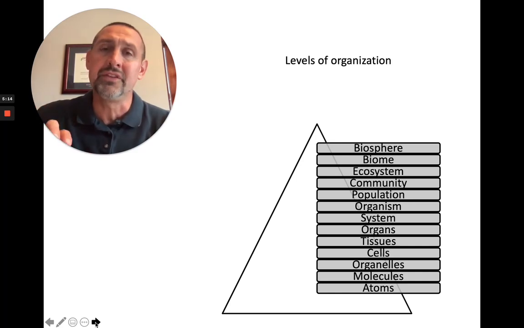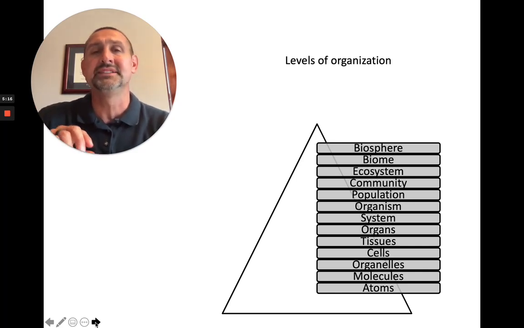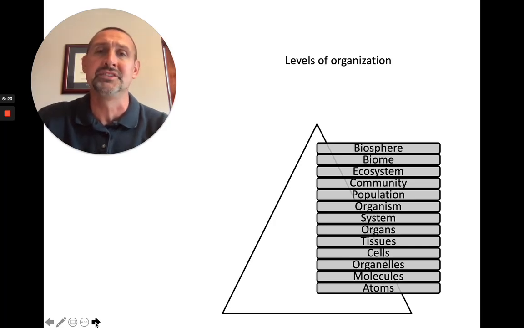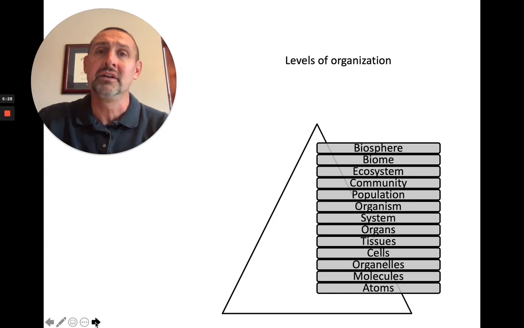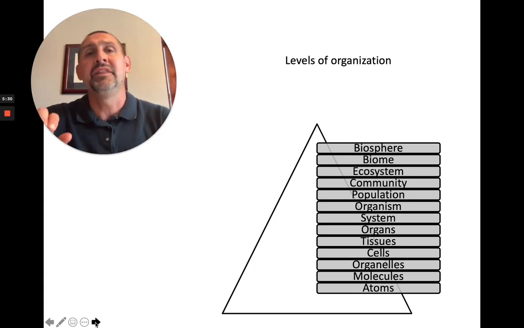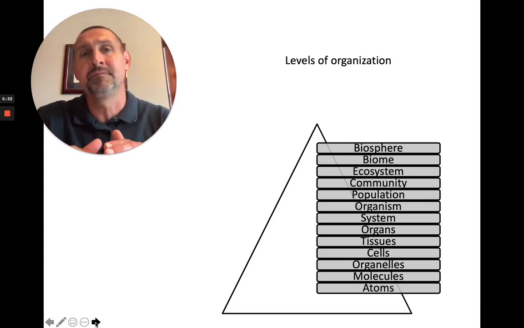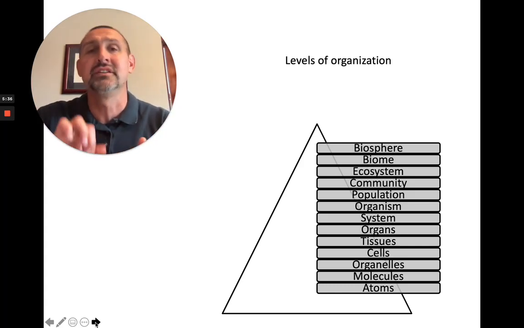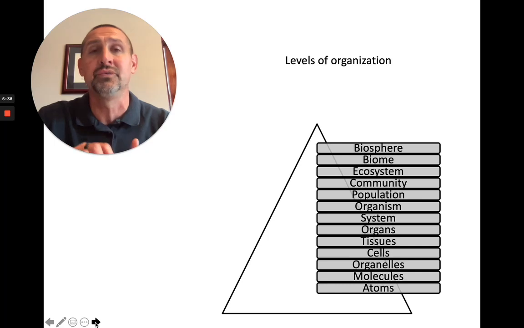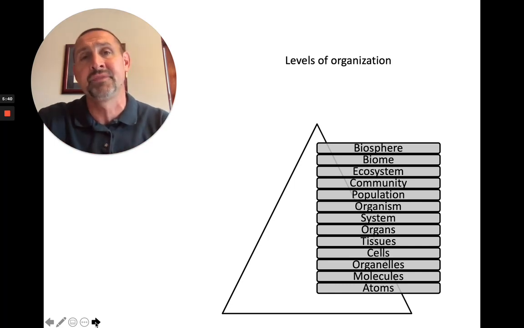Organisms together make up a population. So you might say all of the cats in a town. That would be the population of cats. All of the deer in a certain forest. That would be the population of deer. Once you start adding different populations together, that makes a community. And then when you put different communities together and you add the abiotic parts, the dirt, the sunlight, the temperature, the rainfall, that makes an ecosystem.